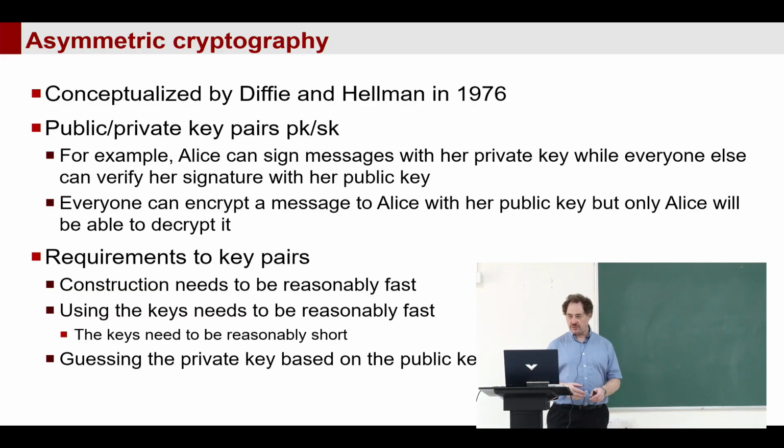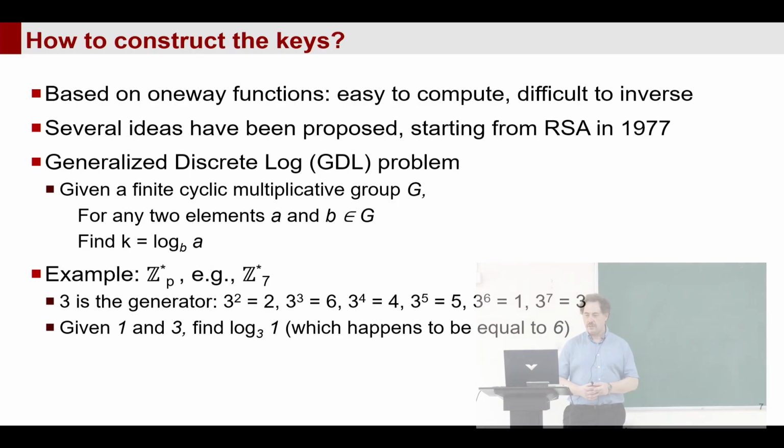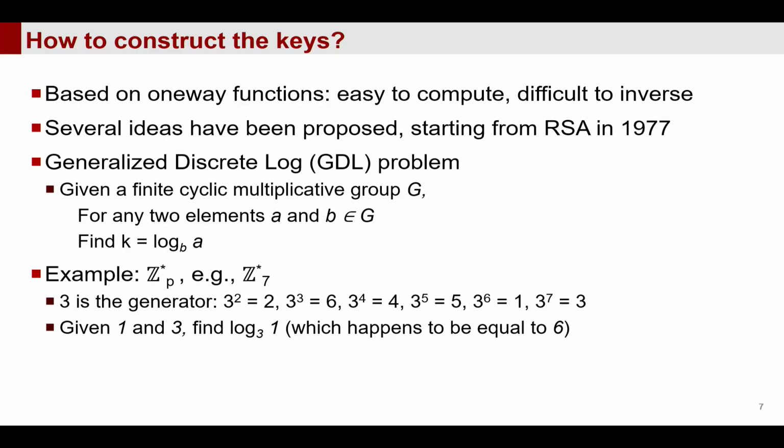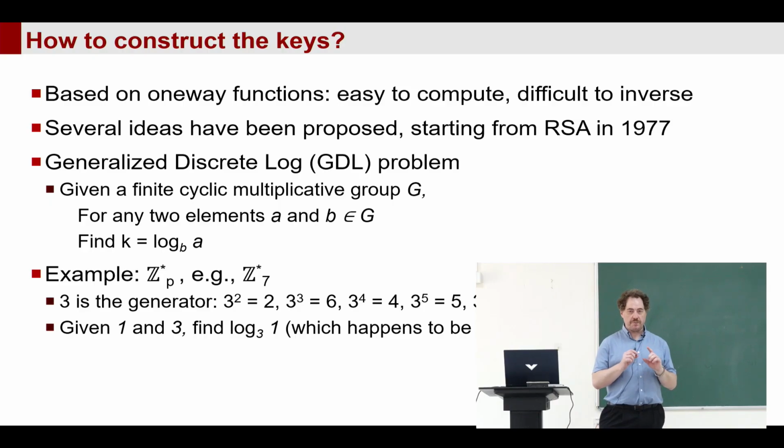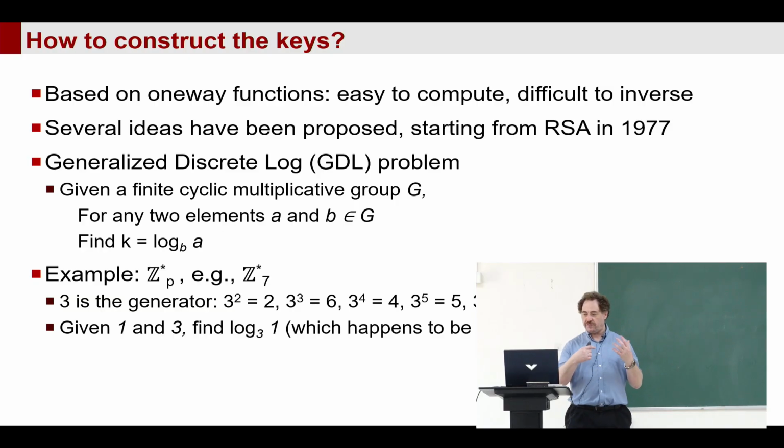How do we achieve this hardness? How do we construct the keys? The hardness of guessing the private key is due to the existence of what are called one-way functions. And again, there is heavy math involved, but I'm just giving an overview. The gist of one-way functions is that they're fast to compute, but it takes a lot of time to invert the function.